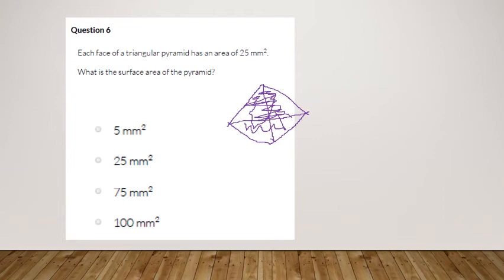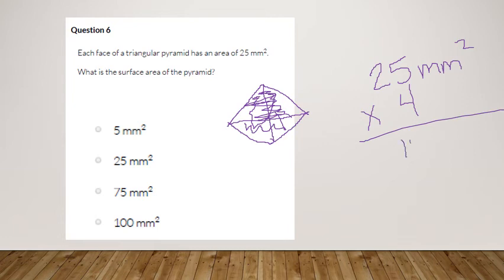That's beautiful, by the way. What's the surface area of the pyramid? We know that there are 25 millimeters squared per face, and we know that there are 4 faces. So all we have to do is multiply 25 times 4, and that gives us 100 millimeters squared.